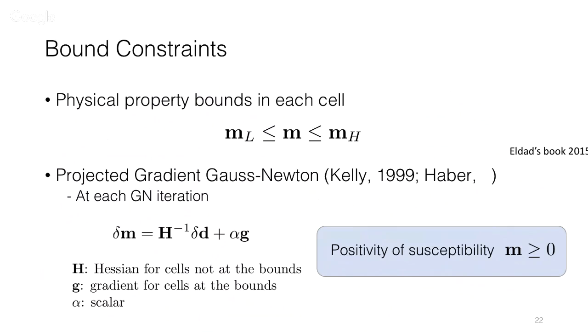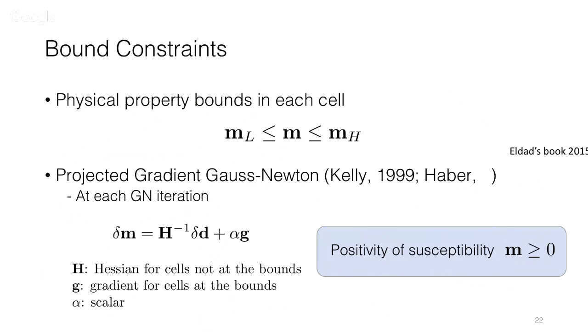So basically, what you do in working with bounds is you use a combination of steepest descent and Gauss-Newton types of solutions, so that your delta m is made partly of gradient solutions where those cells are at the bounds, and partly of curvature Hessian solutions where you've got values that are away from those.